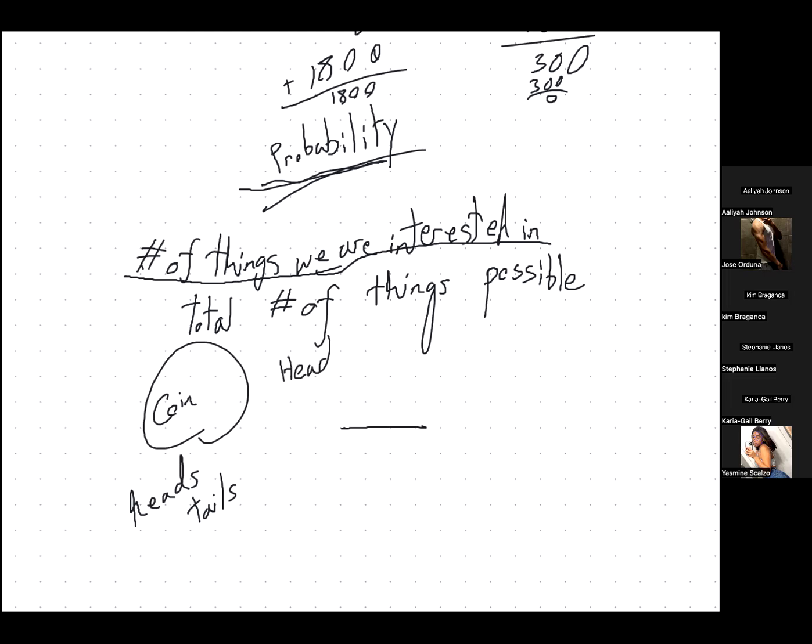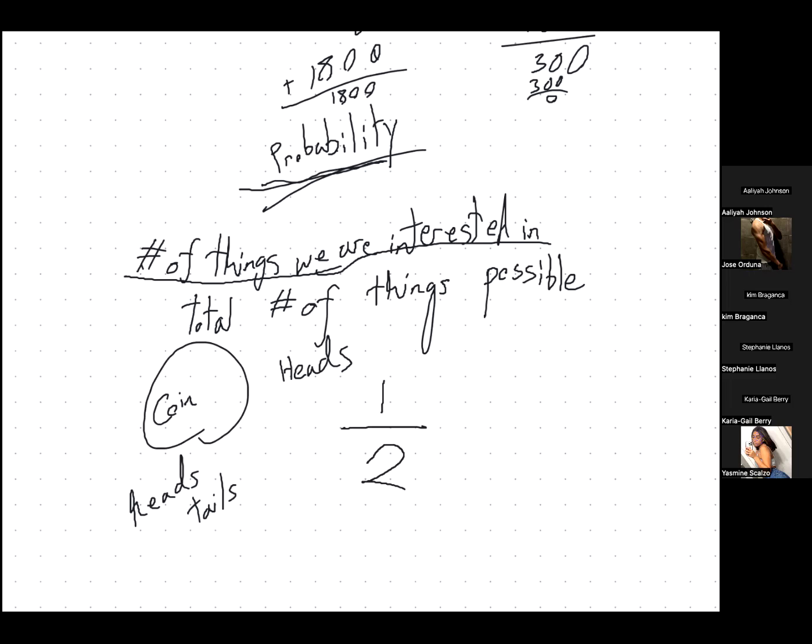Well, we can write it as one, because one of them is the thing we're interested in. There's one side that's a head, so we'd write one on top. That's what we're interested in. And there's a total of two sides of the coin. So the probability is 1/2. You can also say probability is a decimal, or you can say it is a percent, because we know percents, decimals, and fractions all go in between each other.